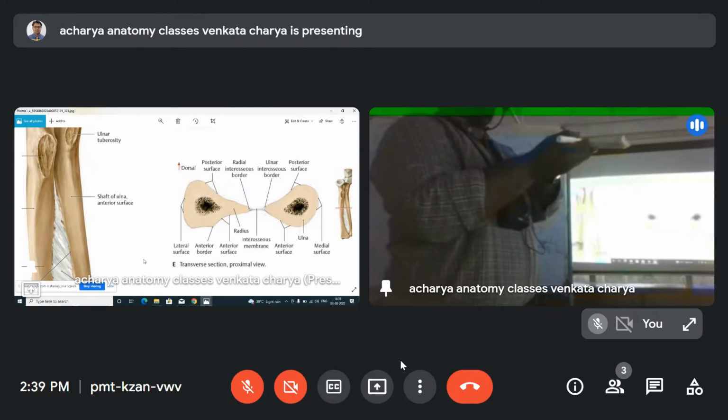Pollicis means thumb finger. So pollicis means the muscle starts here and runs up to the thumb finger. Extensor pollicis longus originates from where? Anterior surface of the shaft of the radius.